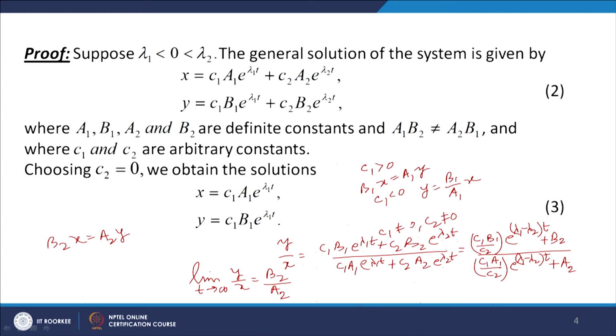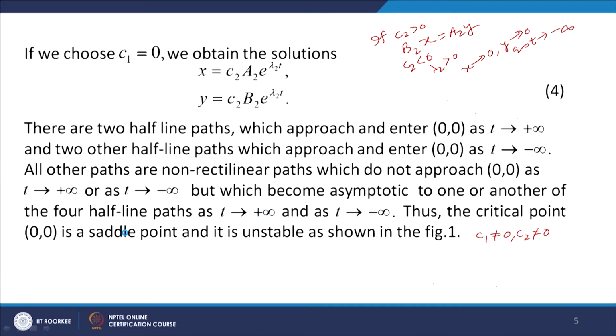So, non-rectilinear paths become asymptotic to the rectilinear path B2x equal to A2y. So, they do not approach 0 0 as t goes to plus infinity or minus infinity, but they become asymptotic to one or another of the 4 half line paths as t goes to plus infinity or as t goes to minus infinity.